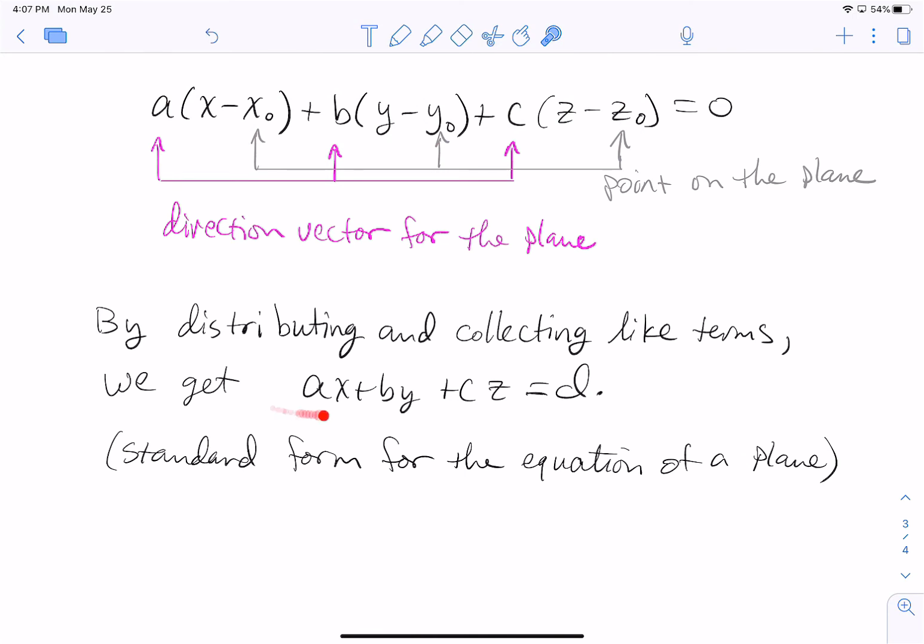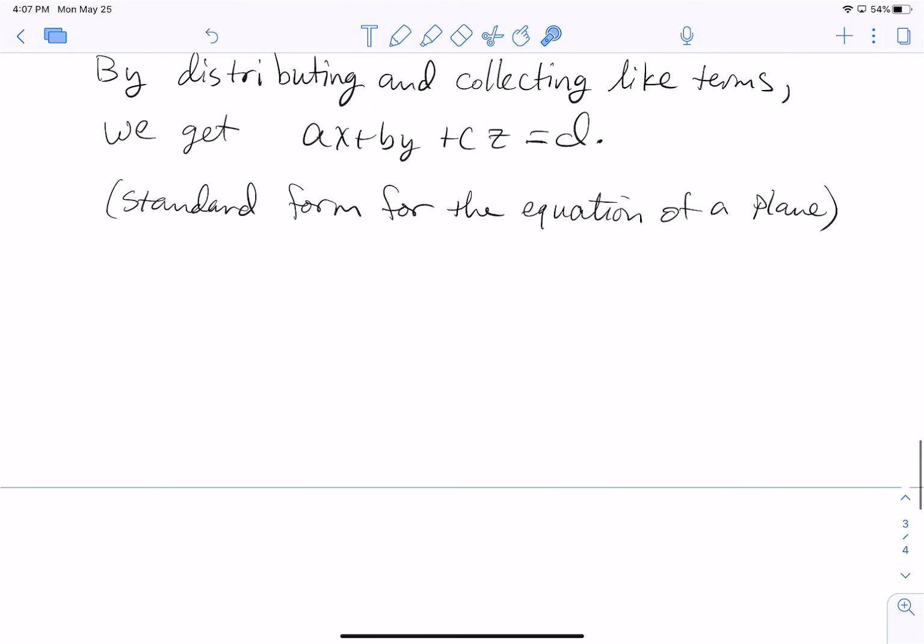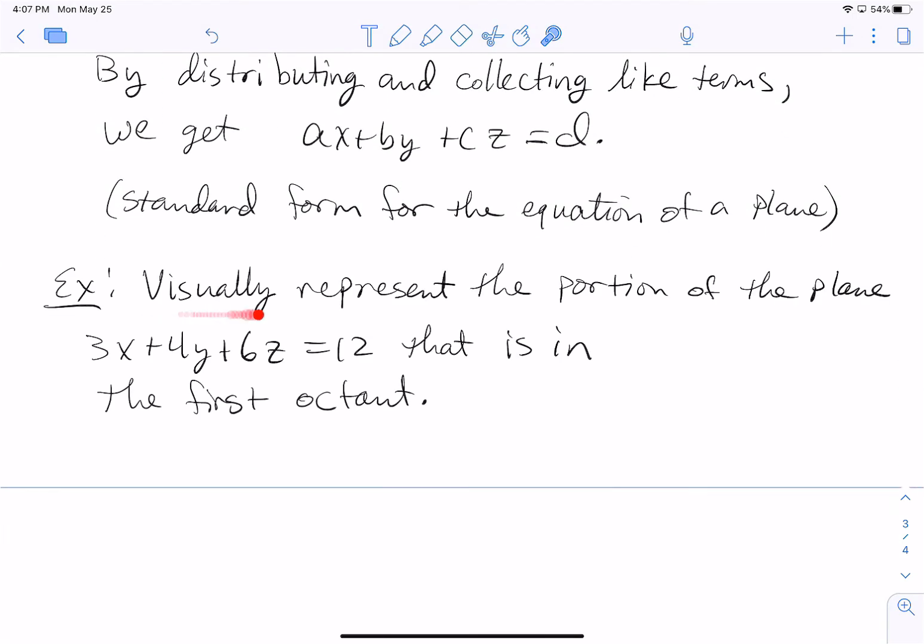Let's see how we might use an equation like this to visualize part of a plane. We're going to visually represent the portion of the plane 3x plus 4y plus 6z equals 12 that is in the first octant. And we're going to do so using intercepts. If y and z are both 0, then we get 3x is equal to 12, and so we have an x-intercept of 4, 0, 0.